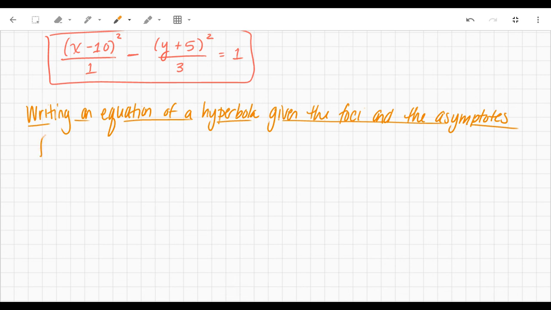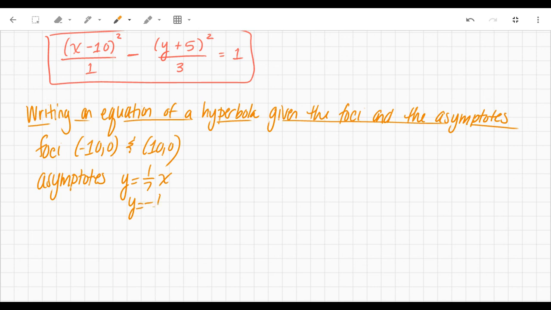All right, so we've got our foci at -10, 0, and 10, 0. And we have our asymptotes at y equals 1/7 x and y equals -1/7 x. Okay, so I think what might make these easy is that they're going to be centered on the y-axis.